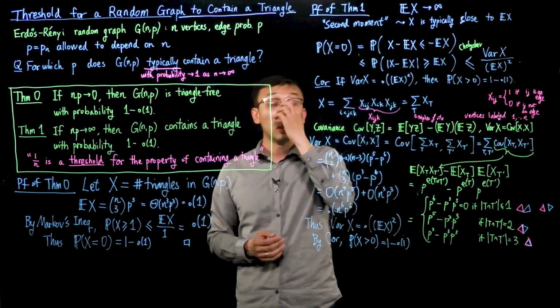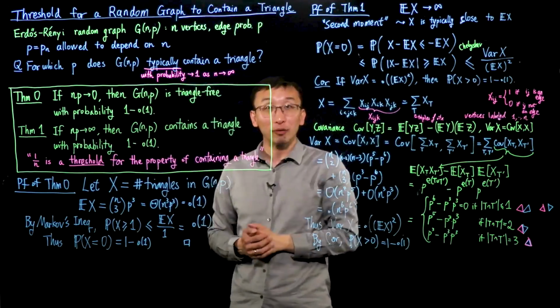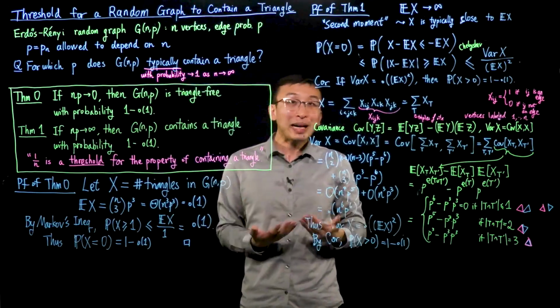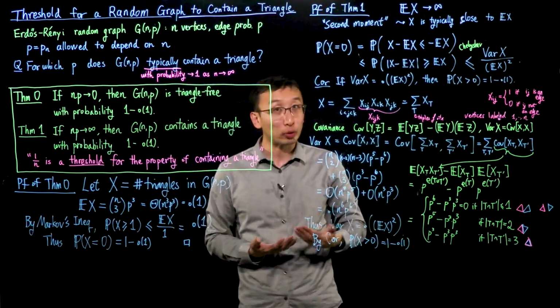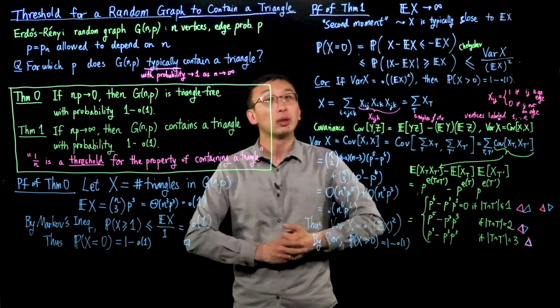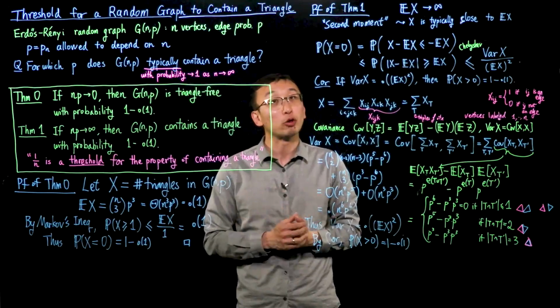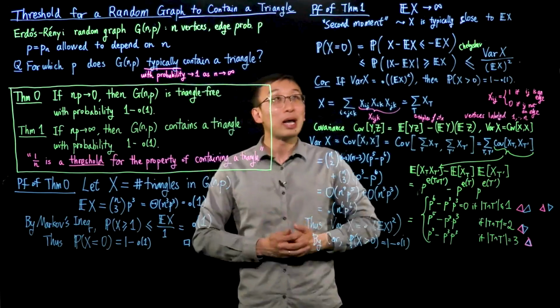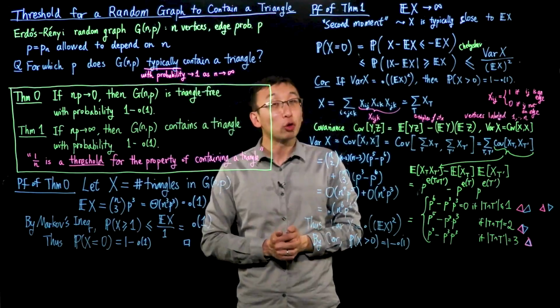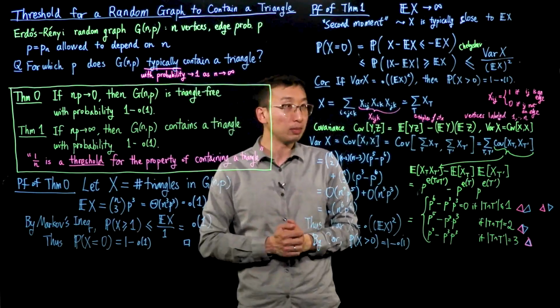The second part, where p is much larger than 1 over n: here the expected number of triangles goes to infinity as n goes to infinity. But that alone does not allow us to conclude that the number of triangles is typically positive. Instead, we need to apply a second moment argument to show that the number of triangles is typically concentrated around its mean.